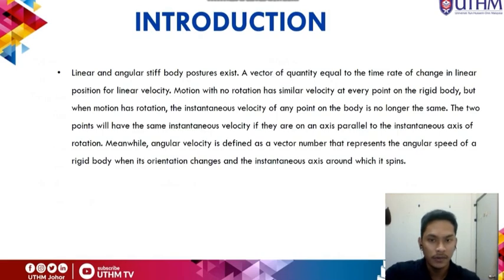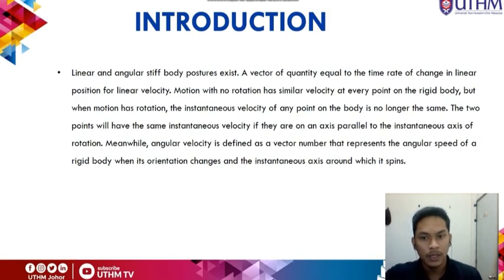Linear and angular rigid body velocity. A vector quantity equal to the time rate of change in the linear position is the linear velocity. Motion with no rotation has the same relative velocity at every point on the rigid body, but when motion has rotation, the instantaneous velocity of any point on the body is no longer the same.